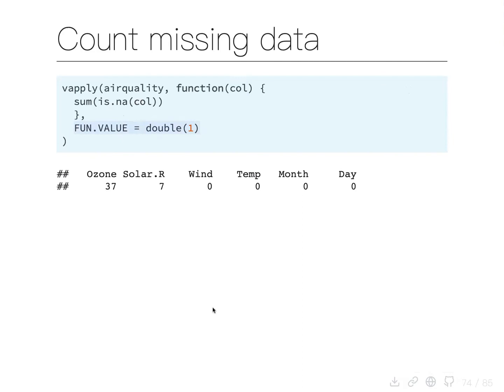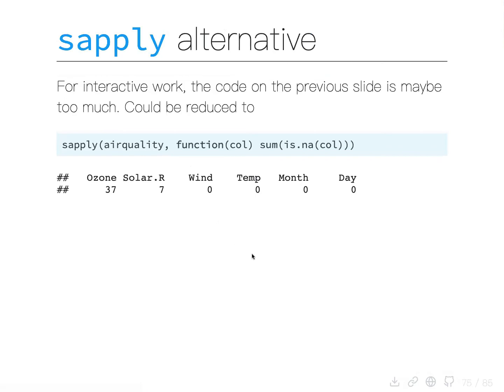Okay, so again, for me, 99% of the time, this is just a 1. Okay, and so we get Ozone, Solar.R, and they get 37 and 7, and the rest are 0. You could do the same thing with sapply, but again, it's less safe. So this is great for interactive work, but not for programming.